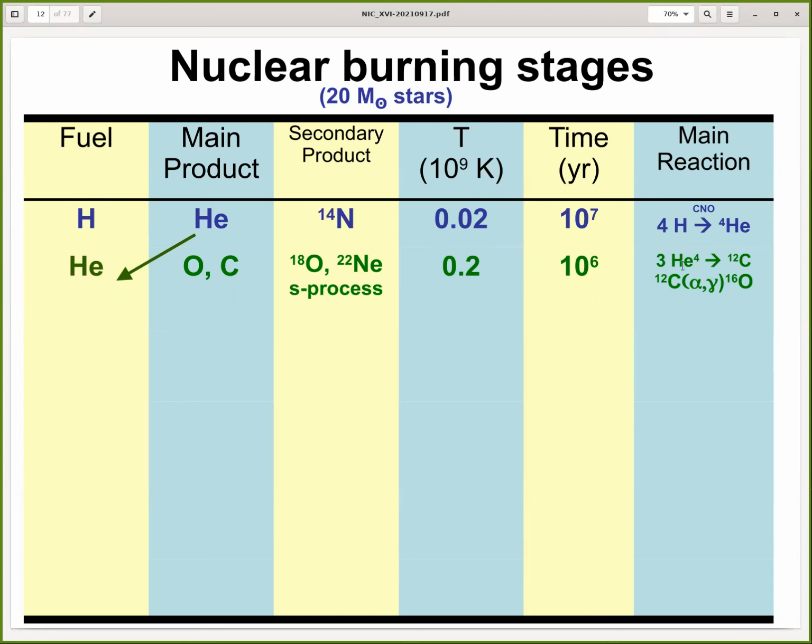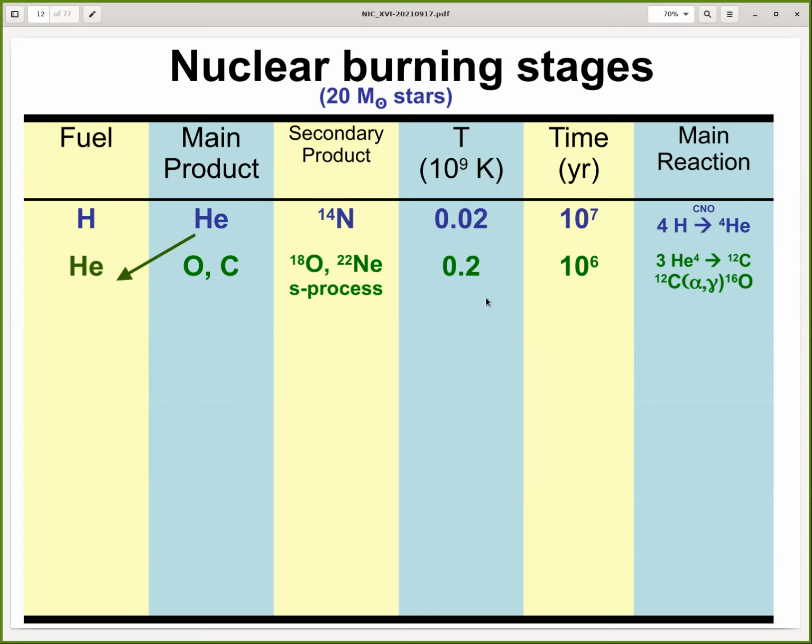And there are 2 different competing reactions that use up your helium-4. One is fusing 3 helium-4s together to make carbon-12, and another is capturing one of these helium-4 as an alpha particle on carbon-12 to make the oxygen-16.